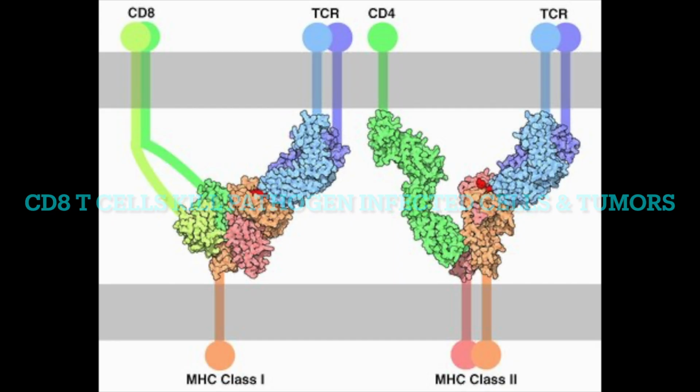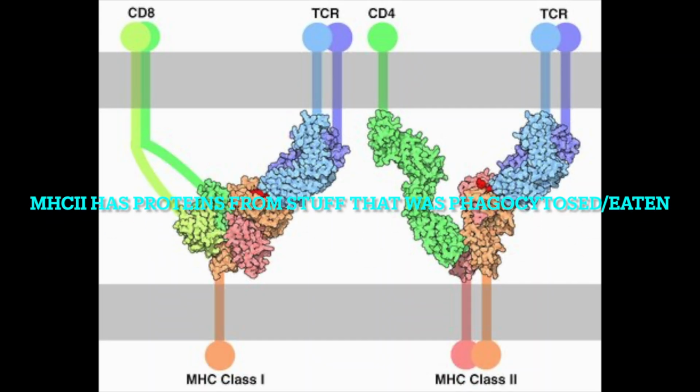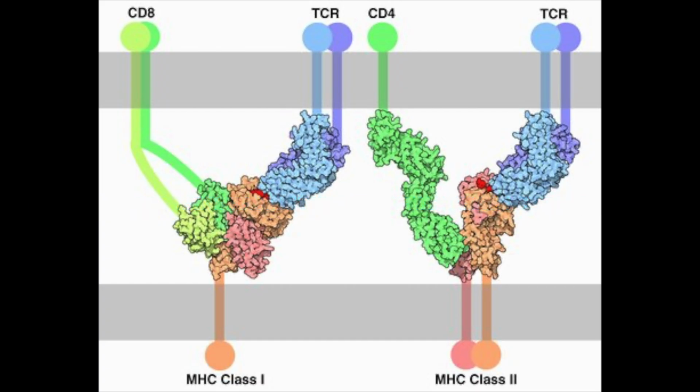So in the case of the cells which activate B cells, they need the CD4 co-receptor, which binds to the side of MHC2. Then you have the TCR in blue and purple, which is binding to the red and orange of the MHC. And that deep red is signifying some protein, which could be of either human origin or potentially pathogenic origin.